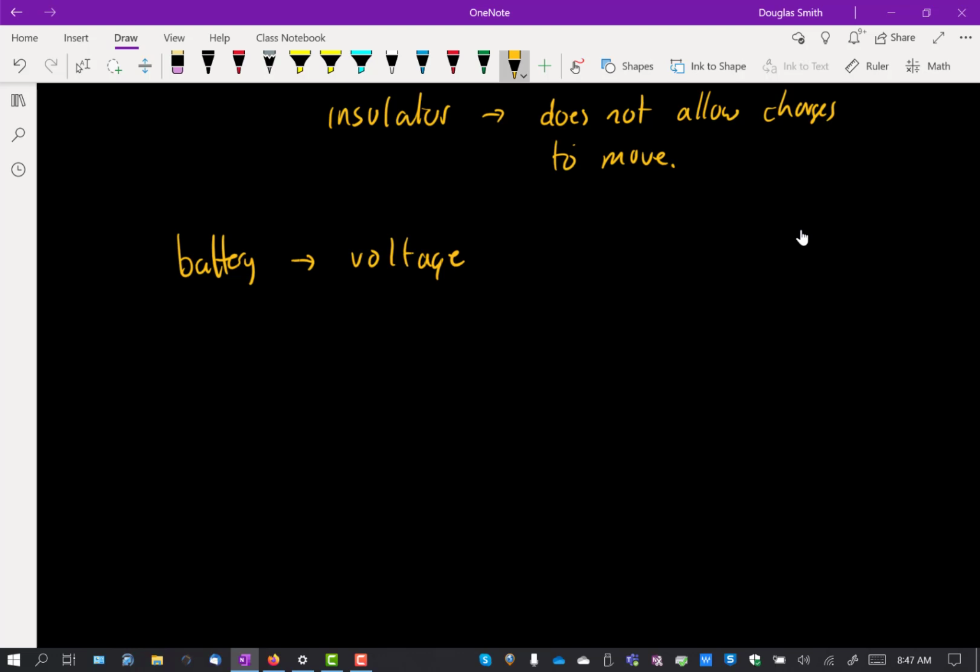But when we try to say exactly what it is, it's a little bit more complicated. Voltage is actually electric potential energy per unit charge, which is kind of a handful. The better way to think of it, or an easier way to understand it, is voltage is electric pressure.